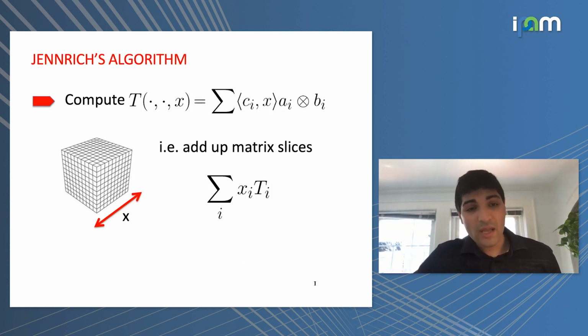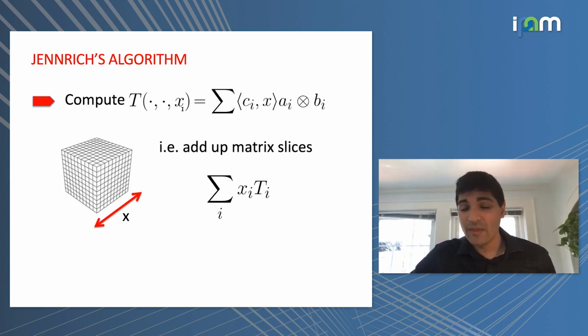So in particular, what I claim is that even though we don't know what this decomposition is, we can keep track of what the operations we're doing on the tensor are algebraically doing to the factors that we want to find. I don't know these a sub i's, the b sub i's, the c sub i's. They satisfy the conditions stipulated in Jennrich's algorithm.